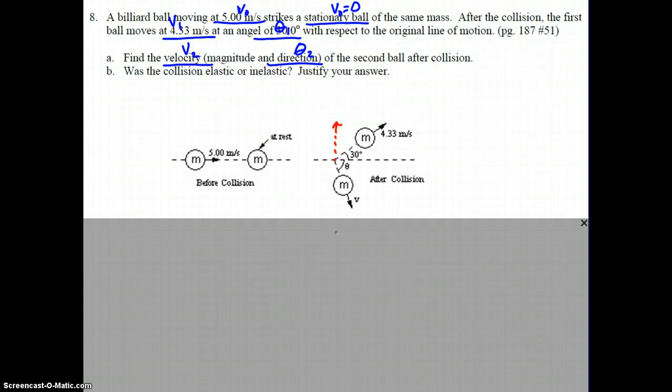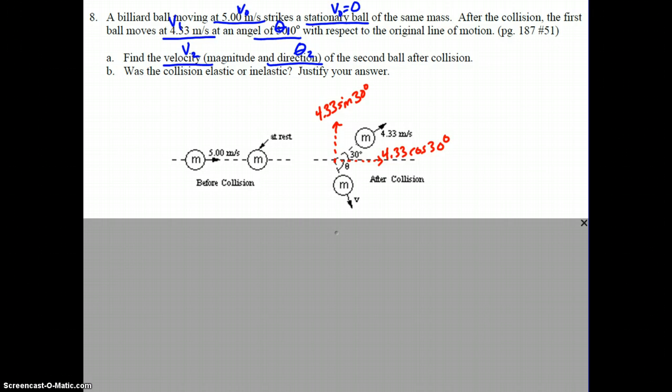So we have this component of our top ball here, which would be 4.33 sine 30 degrees for its vertical velocity. And we have a horizontal velocity that would be 4.33 cosine of 30 degrees.